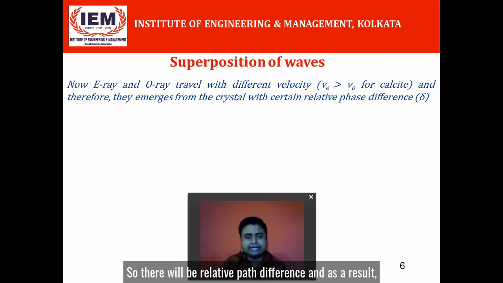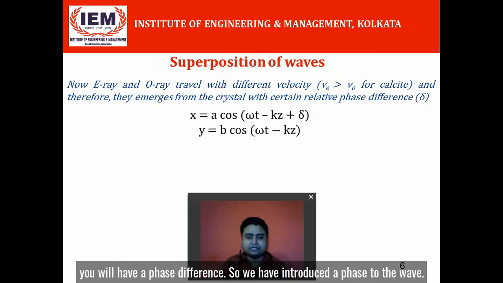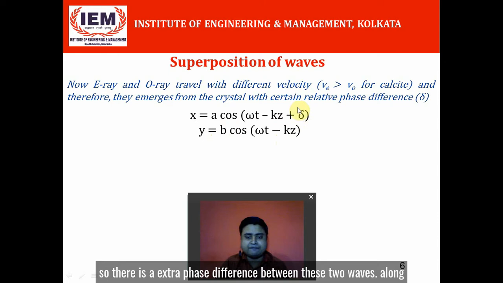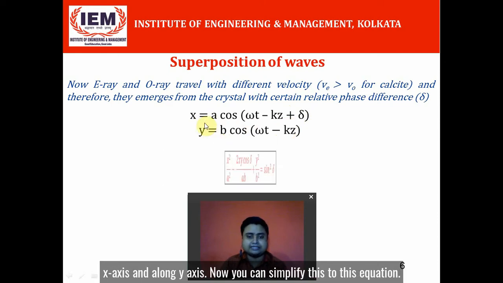So we have introduced a phase delta to the E ray. Your x is A cos(omega t minus kz plus delta), and y is B cos(omega t minus kz). So there is an extra phase difference between these two waves along the x axis and the y axis.